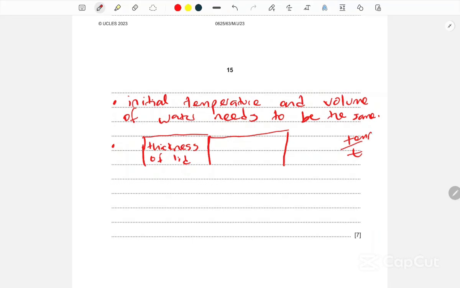So the unit is going to be degrees Celsius per second. So these are our two columns, the thickness of the lid and rate of change of temperature, which is in degrees Celsius per second.